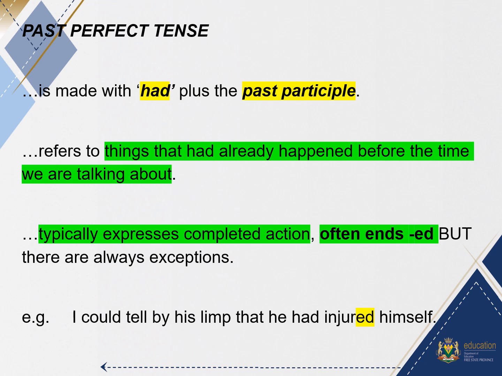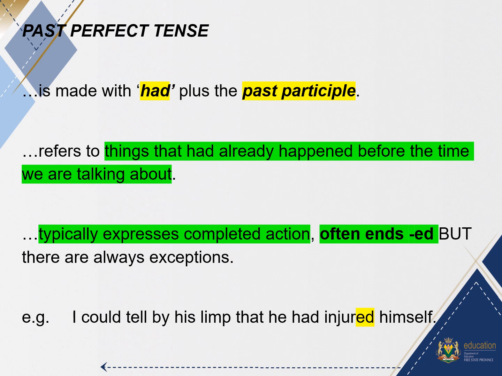Then the past perfect tense, had plus the past participle. This one's really easy to use because you must just remember had and think of using the past tense form of the verb. Things had already happened before the time we were talking about, and this is often used in our reported speech when we go to a later report back and it's already reported in past tense.